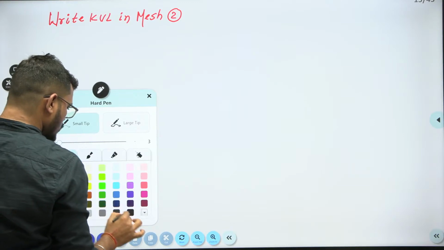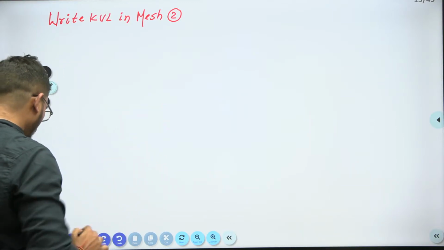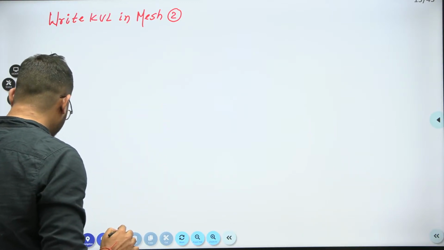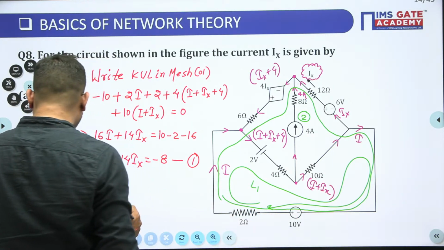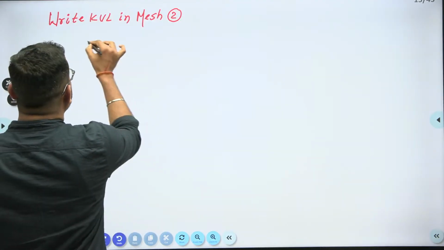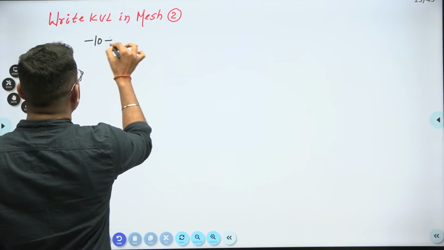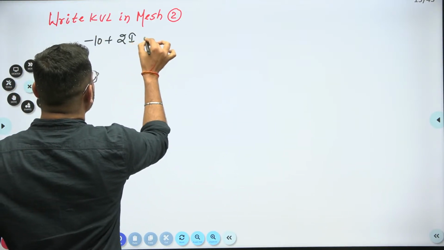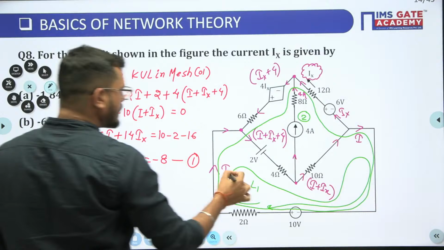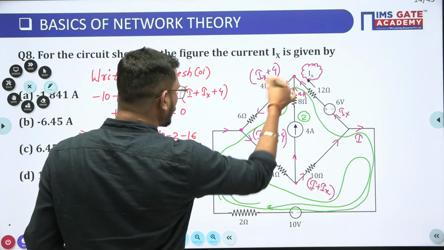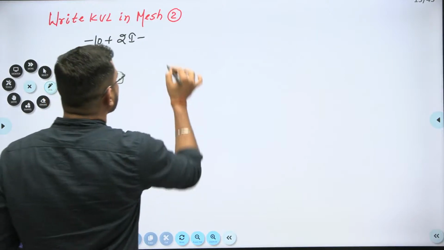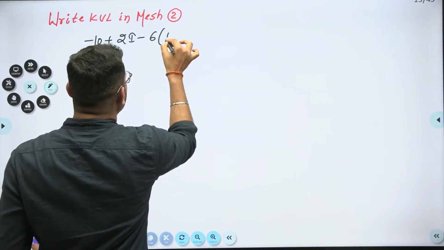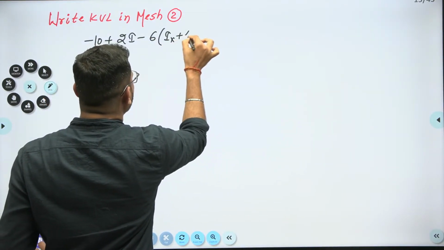In this mesh we have minus 10 plus 2I, minus what do we have, guys? So this is minus 6 into Ix plus 4. So this is minus 6 into Ix plus 4.